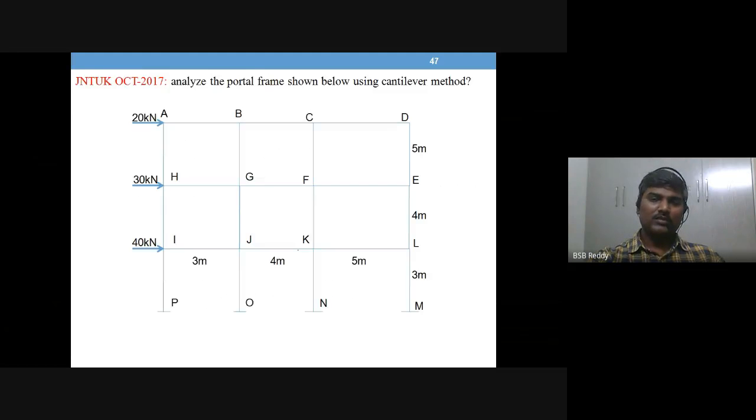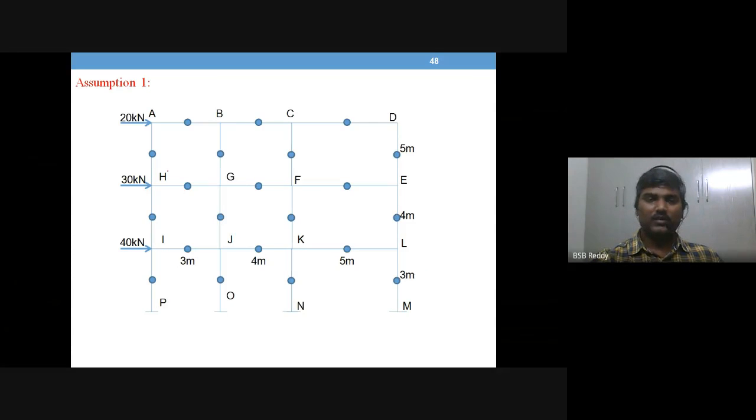Right, we started step one for this example, which is taken from October 2017. We apply the first assumption, and it looks like this. The first assumption says each member will have a point of contraflexure at the midpoint of that member.